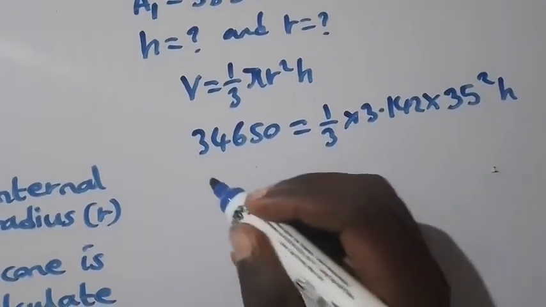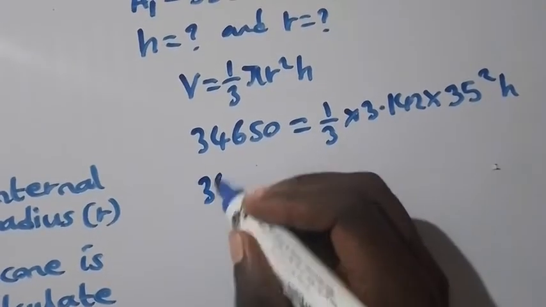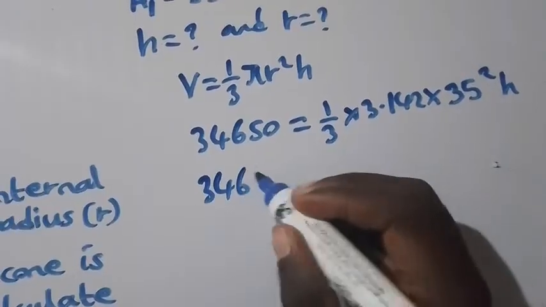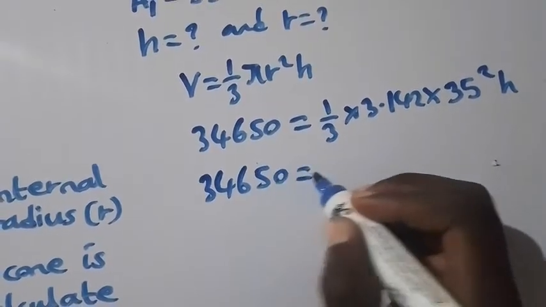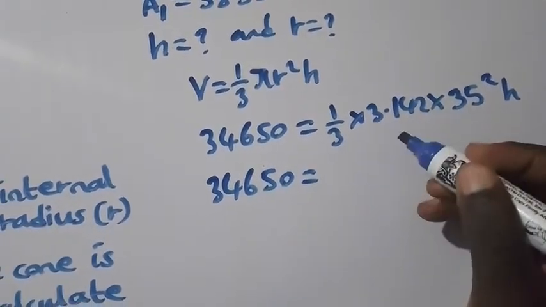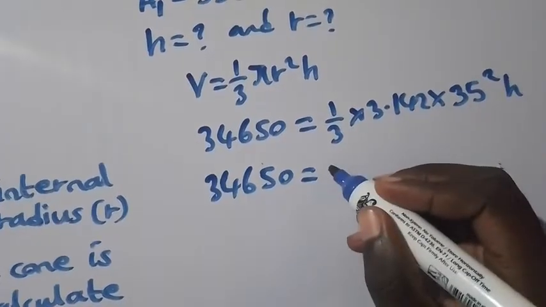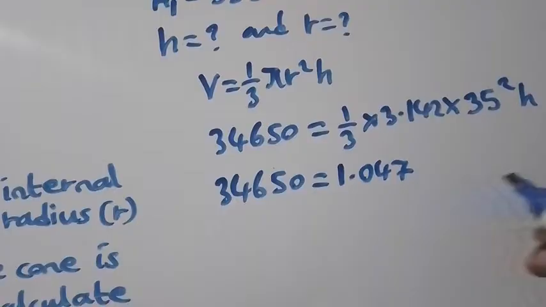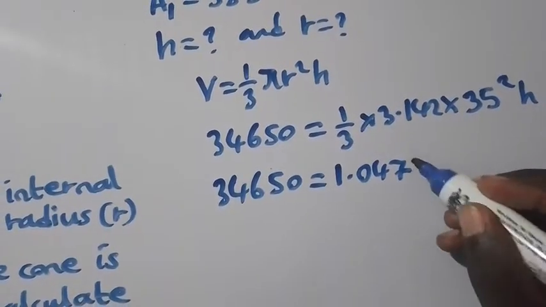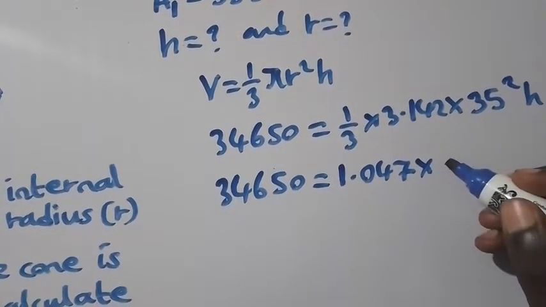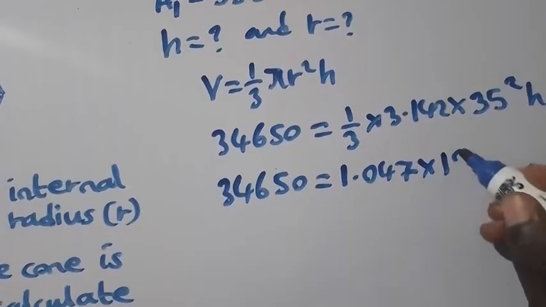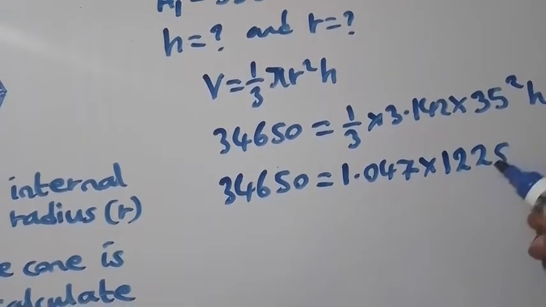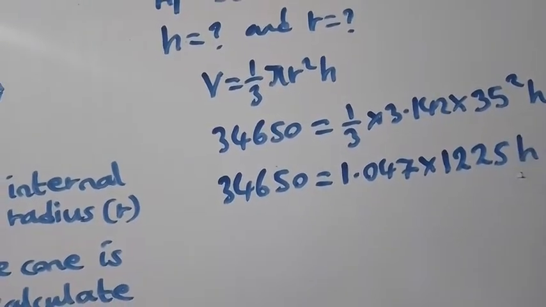So now this one will be 34,650 equal to 3 into 3.142, which is 1.047. Then 35 squared, this one will give us 1,225 times h.